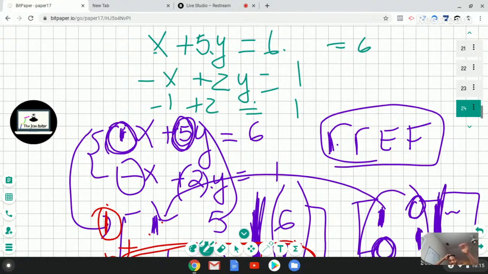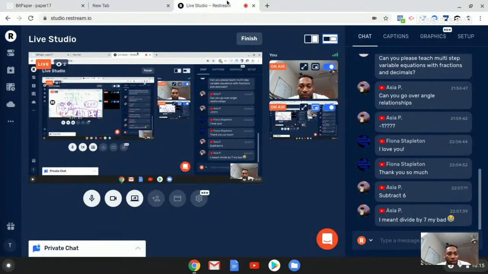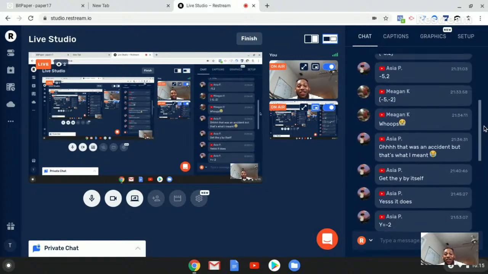So all this thing that we just did was to show you guys how to solve for this in a different way. Now, is this the easiest way to solve for this equation? No, it is not.